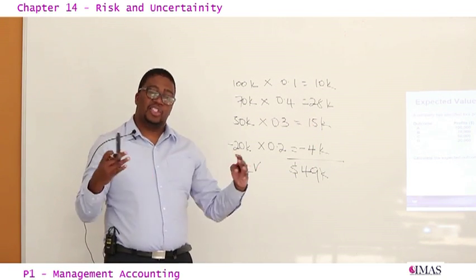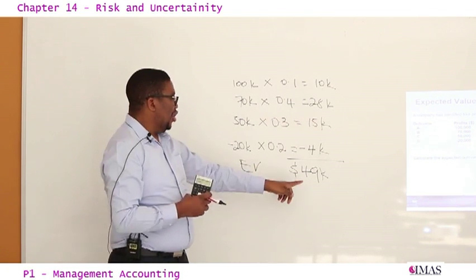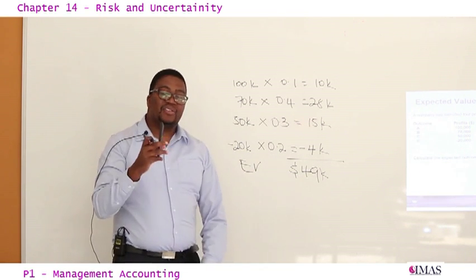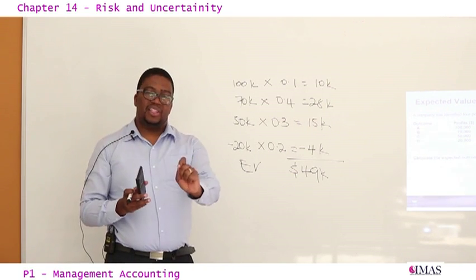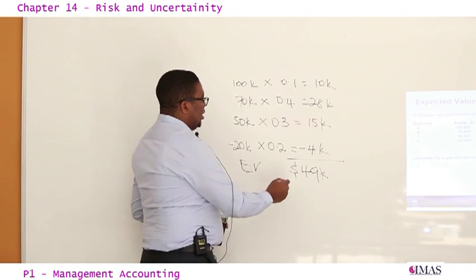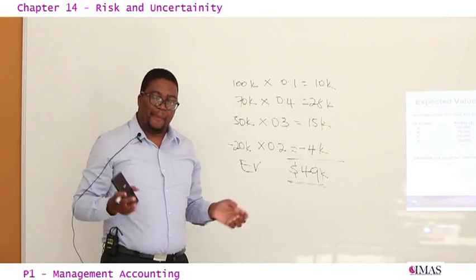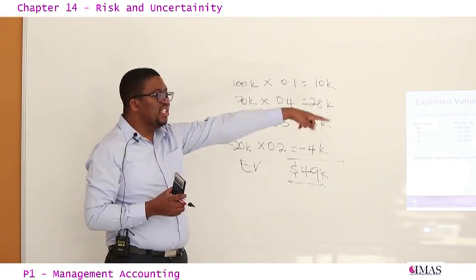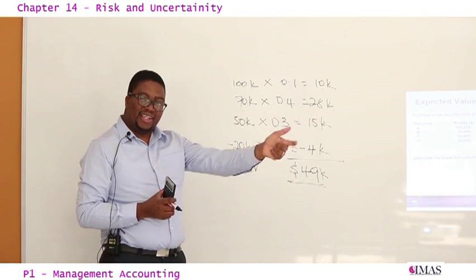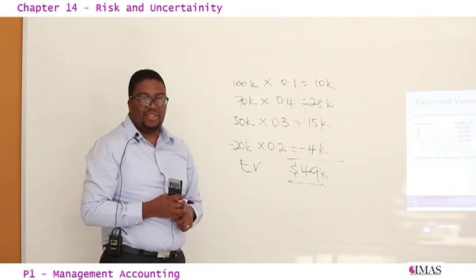Which means in the long term, if this scenario keeps on repeating itself, the organization is likely to make 49,000. But it's very important that I repeat the same point that I made when we were doing example 1. This is the weighted average. But what is likely to happen? It's one of these 4 possible outcomes, which means we are likely to make a loss of 20,000 or to make the highest profit of 100,000.